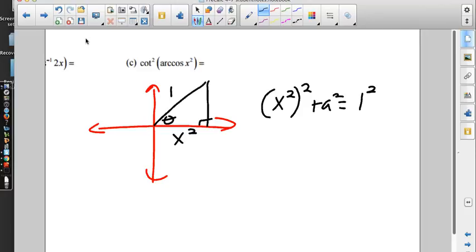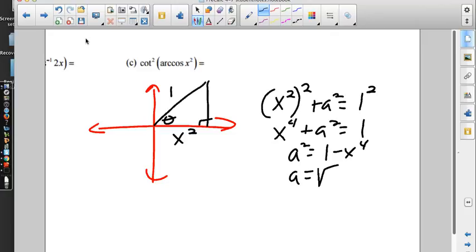Well, that's x to the 4th. We're going to have to subtract that x to the 4th from both sides and square root. Now it's all right there, except this one says cotangent squared.